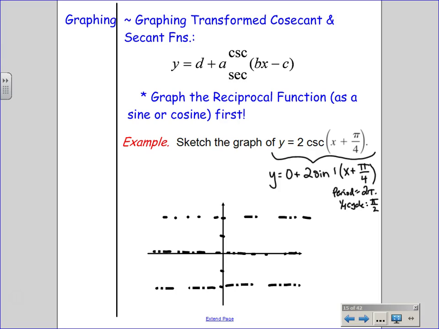So maybe before I should have thought about my initial point. If you guys remember, initial point, my C over B is going to be negative, right? Minus. And sine starts in the middle, which is at 0. It's going to get a little awkward because I'm supposed to be going by pi over 2's. But I'm going to need to do pi over 4's. So I'm actually going to go by pi over 4's instead.